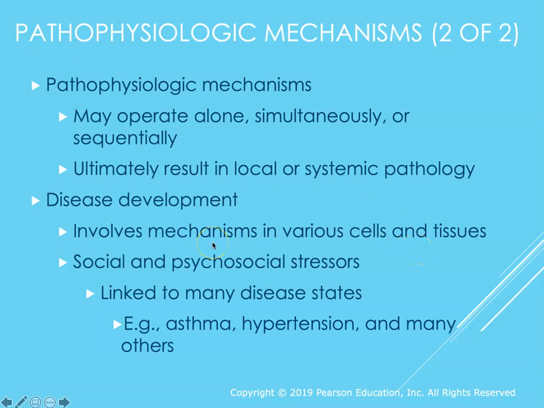Also, like I said, there are other factors that could cause a patient to go into a disease state. Social and psychosocial stressors are linked to many disease states. If we go back to our asthma example, there might be some environmental allergen increasing inflammation in the airways leading to asthma, but there are other factors linked to asthma as well, things like stress and other psychosocial stressors.